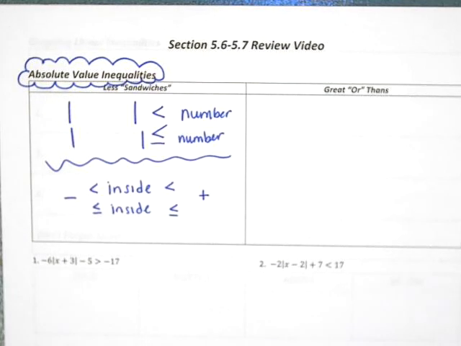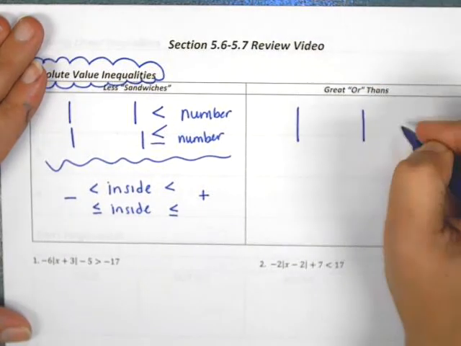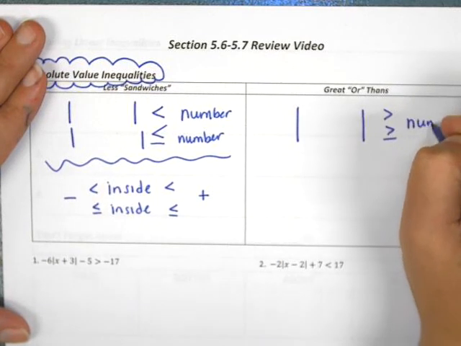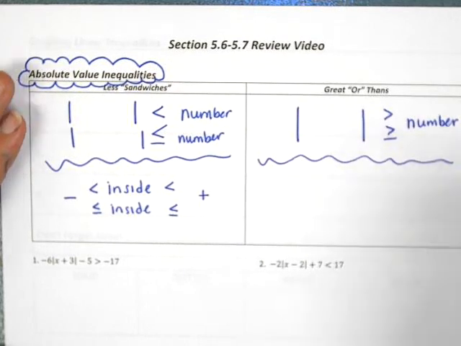In contrast, sometimes we have what are called greater than problems. This would be when you have an absolute value and you have a greater than or equal to symbol and then the number. When this happened, we called these or problems.